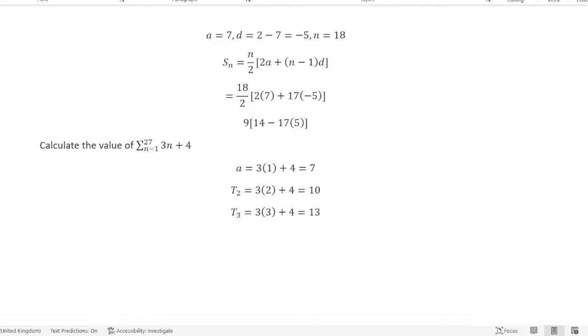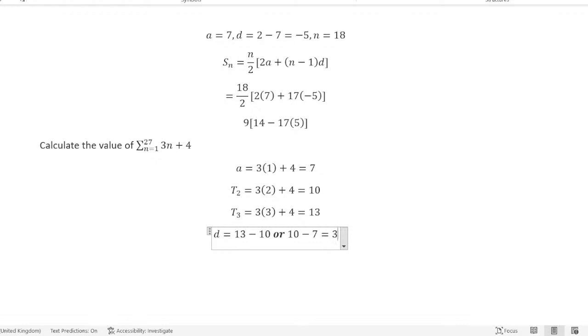Then the common difference d equals successive term minus previous term. So it equals 13 minus 10, or 10 minus 7, which equals 3.